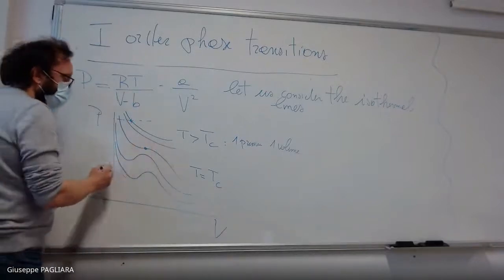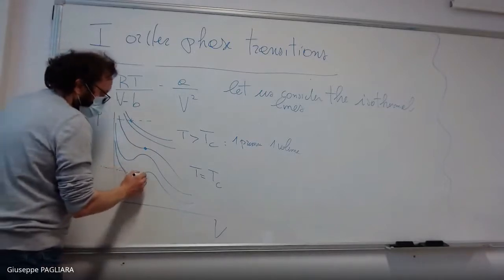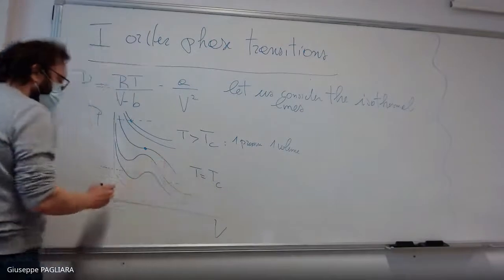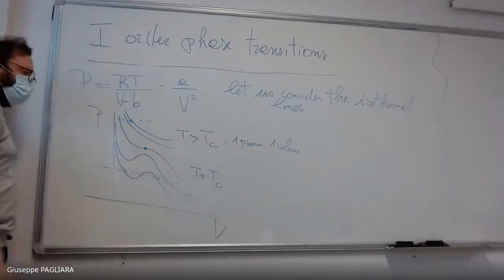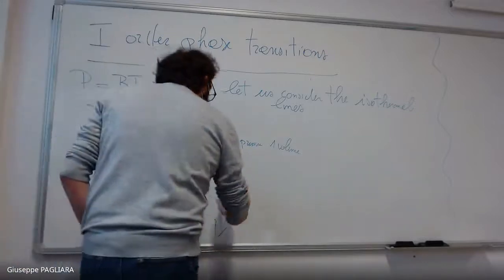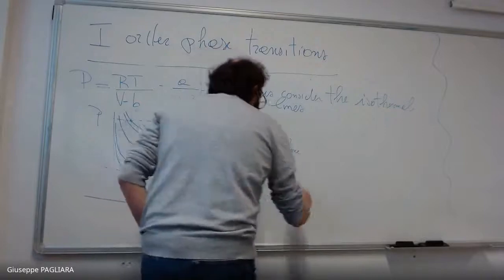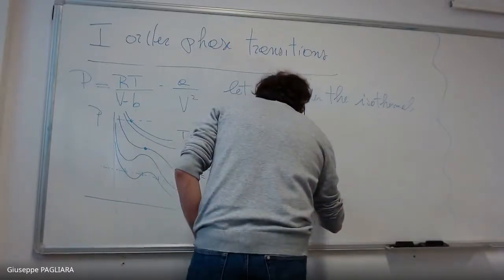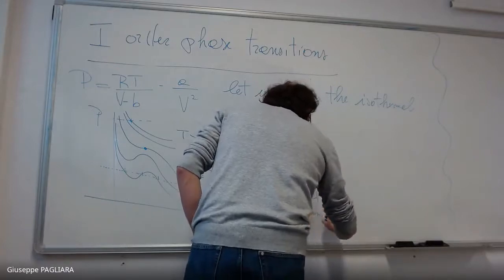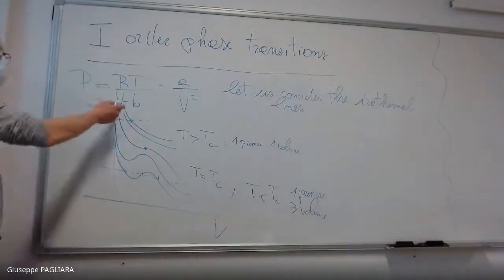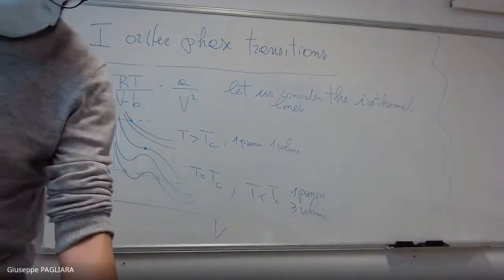Below a certain critical temperature, you have this situation in which you have 1, 2, and 3 solutions. So for T smaller than Tc, you have one pressure and three volumes. Why? Because this is a cubic equation.